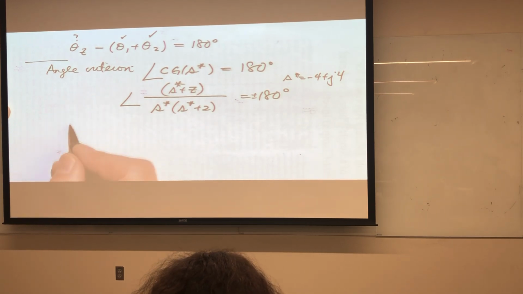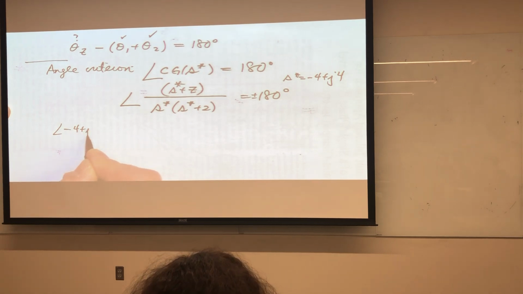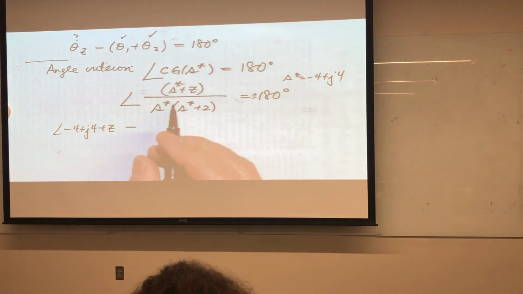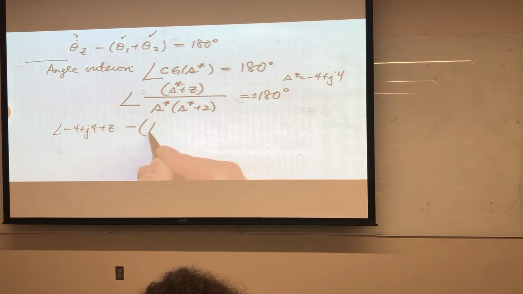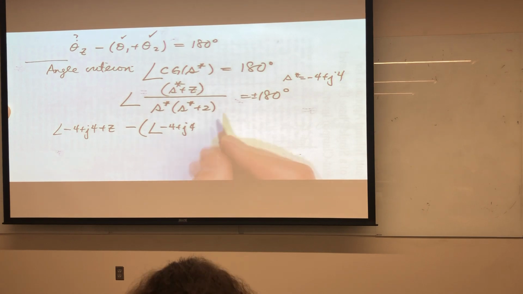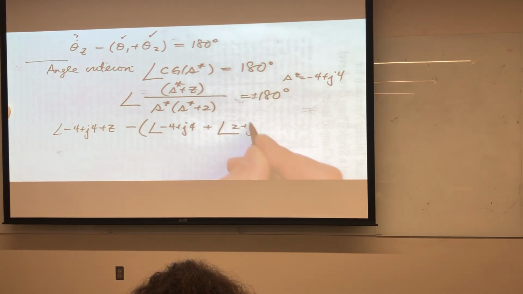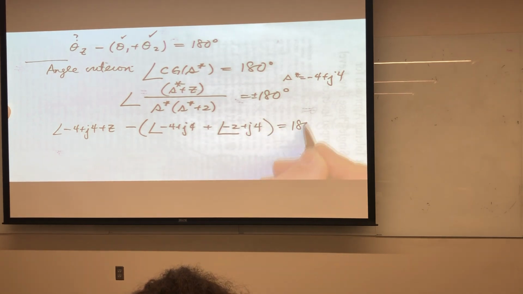Okay. So the angle of negative 4 plus j4 plus Z, minus the angle of negative 4 plus j4, plus the angle of 2 plus negative 2 plus j4, has to be equal to 180 degrees.